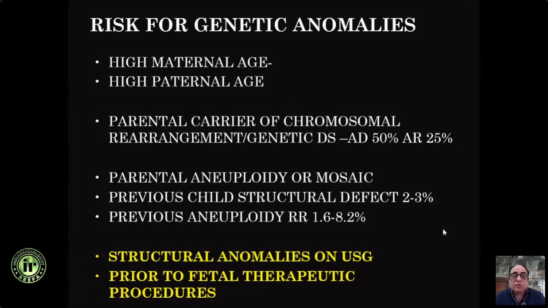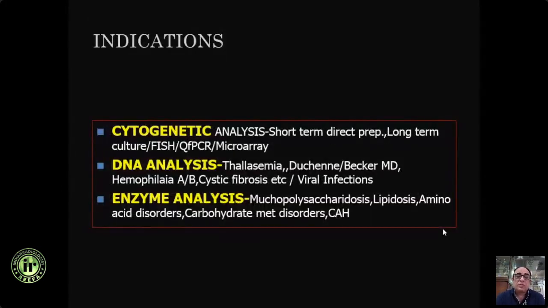But most importantly, today we do prenatal diagnosis for structural anomalies on ultrasound, or if the combined screening is positive, that is, you have a nuchal edema or abnormal biochemistry, and of course prior to various fetal therapeutic procedures. So what are the indications? We do cytogenetic analysis for all the chromosomal abnormalities I just talked about. So we do short-term culture, long-term culture.